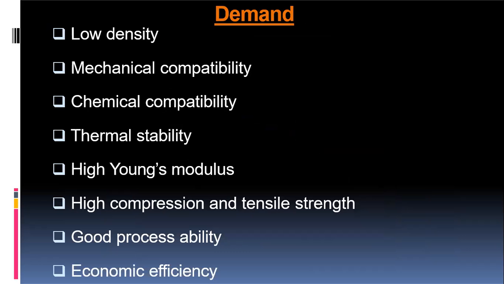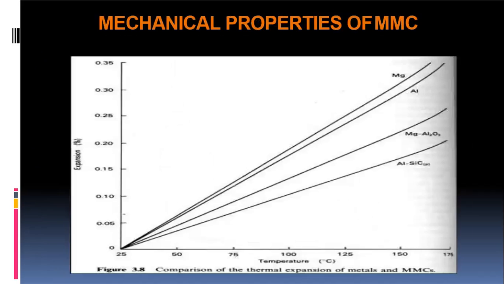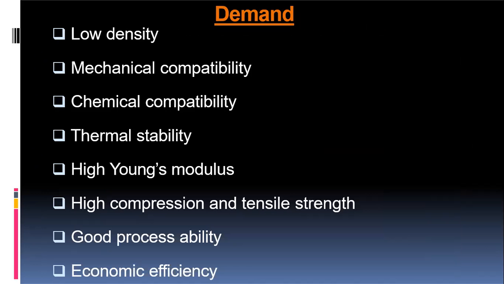And next, what are the demands of the metal matrix composite? What are the basic demands? First one is low density, used to reduce the weight of the metal matrix composite. Next, mechanical compatibility, which means we use it to obtain the desired mechanical properties. Next, chemical compatibility, thermal stability, and other properties, that is economic efficiency, good processability, and high compression temperature. So these are all the desired demands in metal matrix composites.